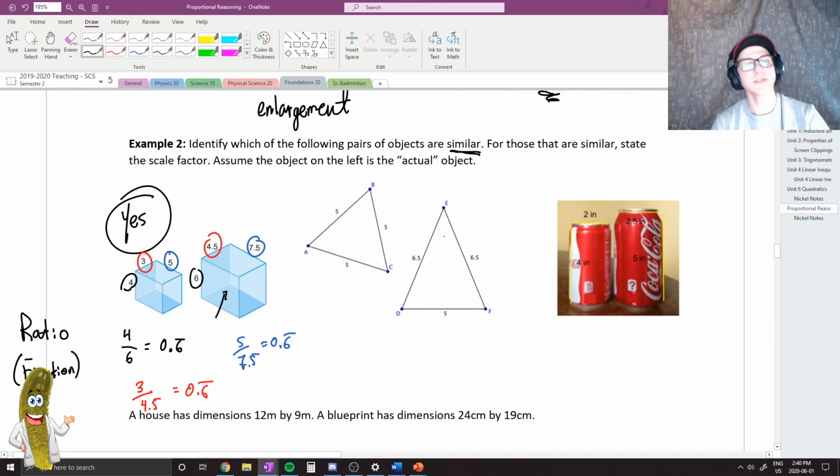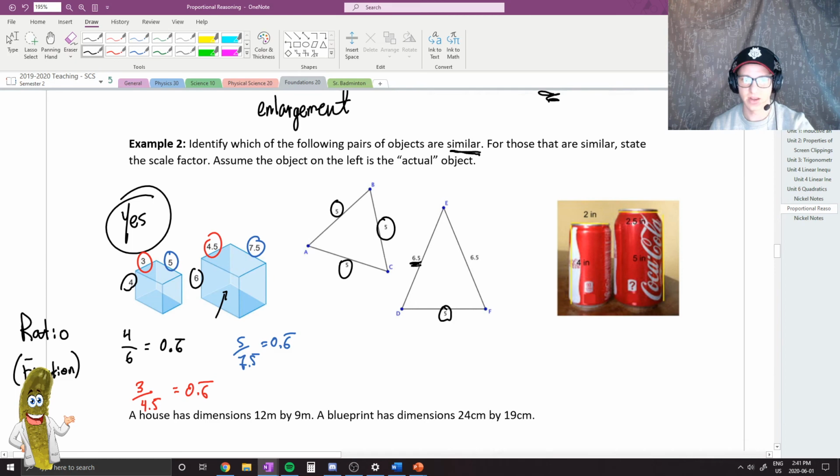Some of the questions, like this second one here, become very, very obvious that they are not the same object, or they are not similar objects. For example, we have 5s on each of those measurements. So a length of 5, length of 5, length of 5. We have an equilateral triangle. And yet when we come over here, we still see an equal length of 5. So we would expect, well, if these two objects are congruent, then we would expect a 5, a 5, and a 5 on all three sides.